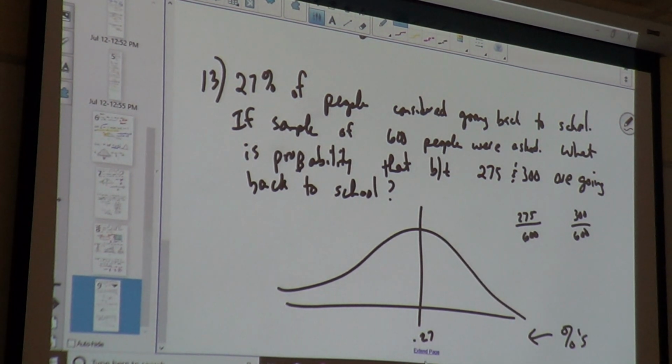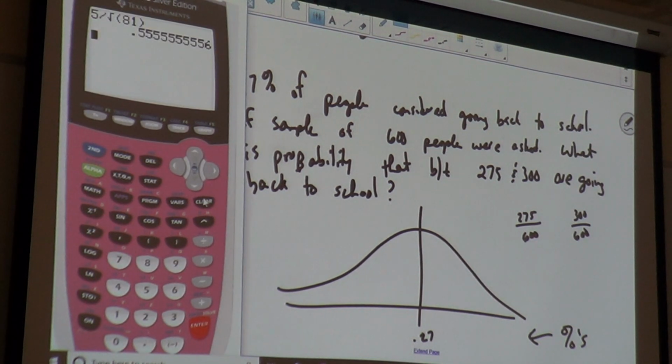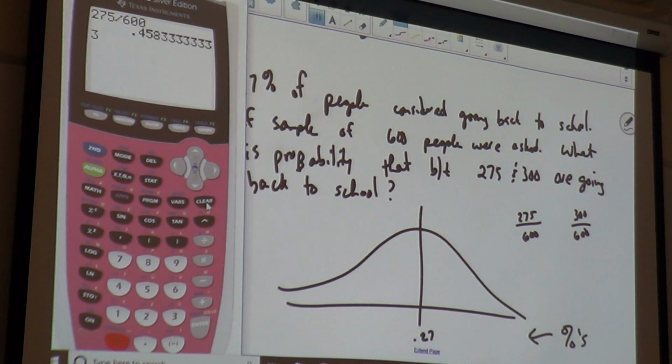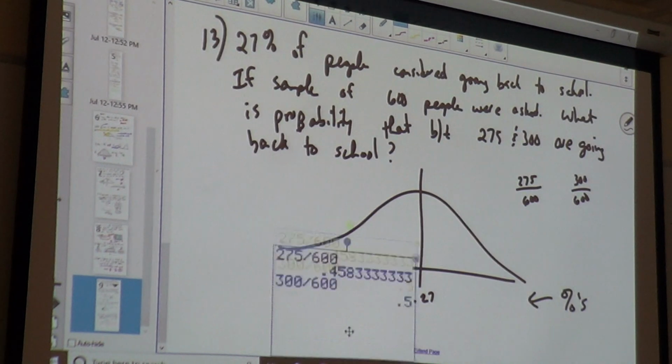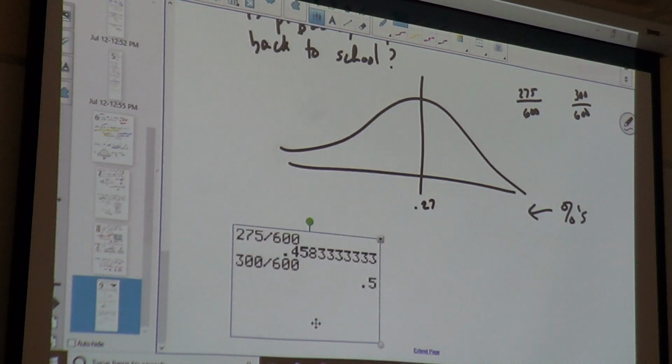So if I go to my calculator, it's going to be 275 over 600. So I just turned it into a percentage. And then it's going to be 300 over 600. And you can tell I made it up because they're crappy numbers. So I'm going to be going between 0.4583 and 0.5.